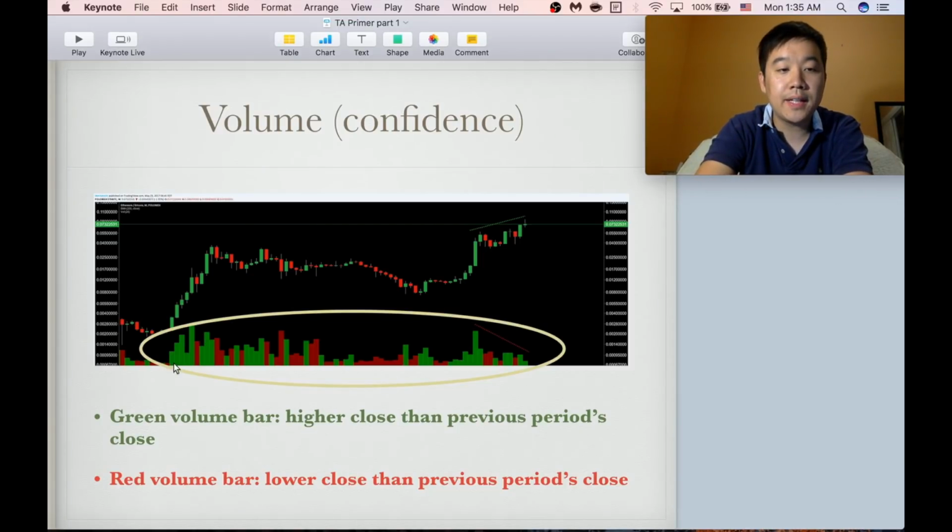You can usually hover your mouse over it and it'll tell you the amount in US dollars that traded during that time period. And here, the green and red mean similar things to the candlesticks: the closing was higher or lower than the previous period.